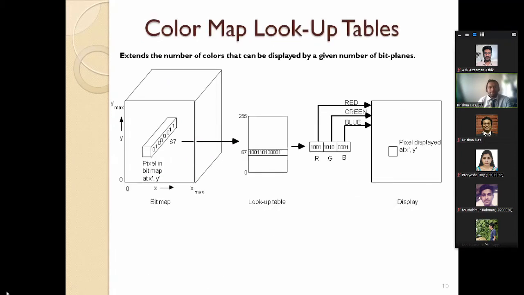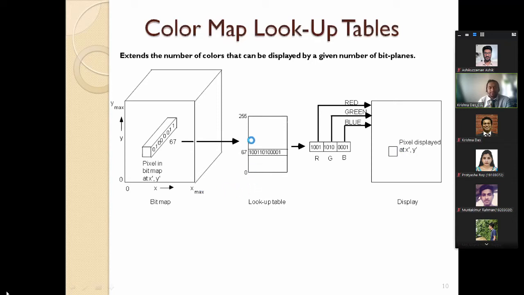Now this is important: the color map lookup table. It is a representation where we can identify how it is defined in memory for any pixel, what should be shown there.